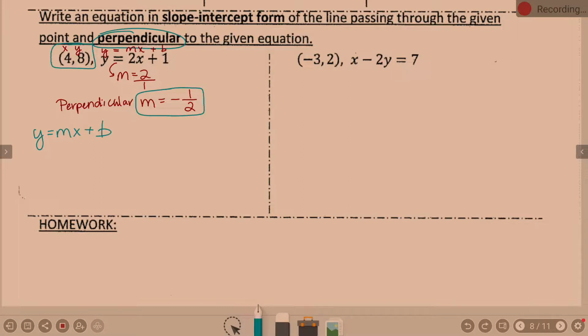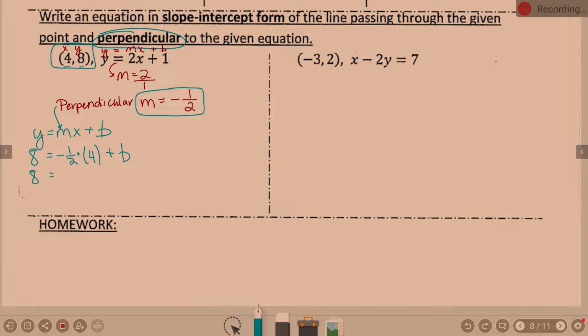Y equals mx plus b. In place of y is my y value of 8. M, I'm using my perpendicular slope of negative 1/2 times x value, which is 4, plus b. 8 is going to stay over here.